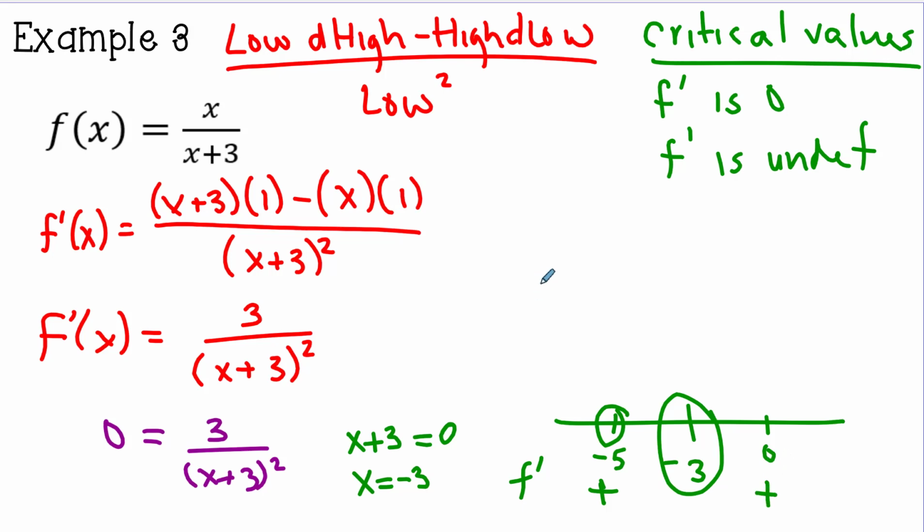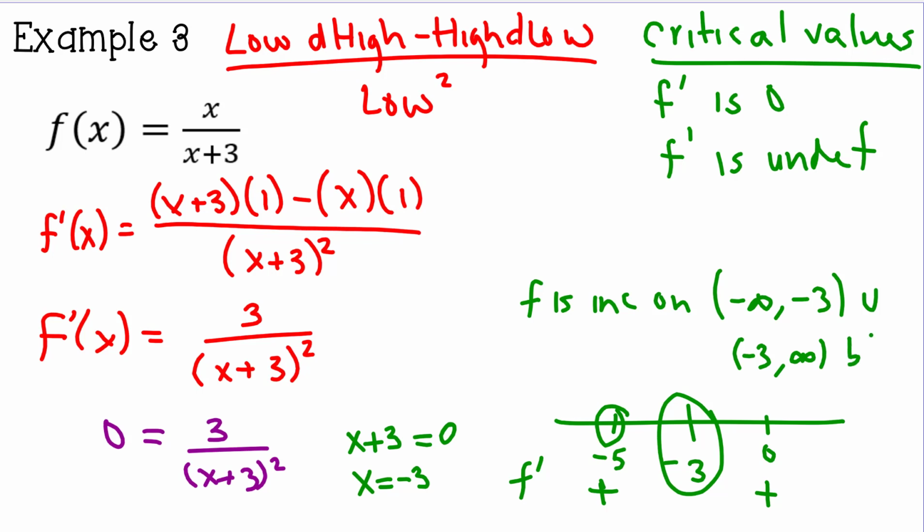So in this scenario, f is increasing on the interval from negative infinity to negative 3, and again from negative 3 to infinity because f prime is positive. Now at negative 3, it is not actually increasing because negative 3 is not even a value on this graph. So just make sure that you are aware of what the domain is as well.